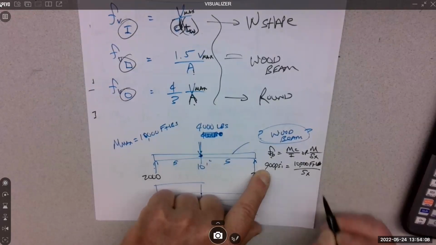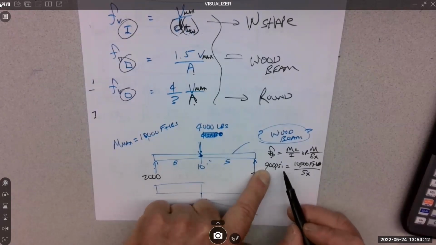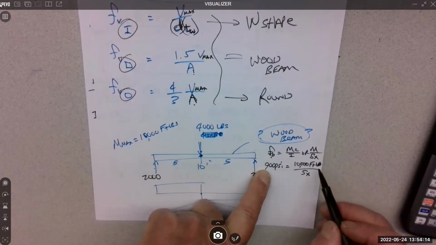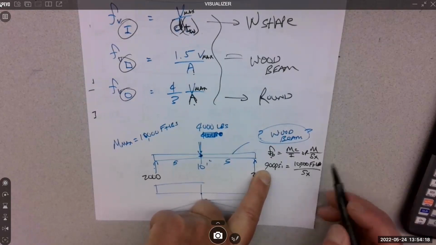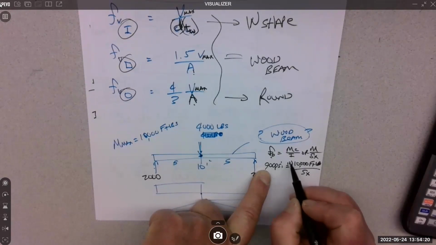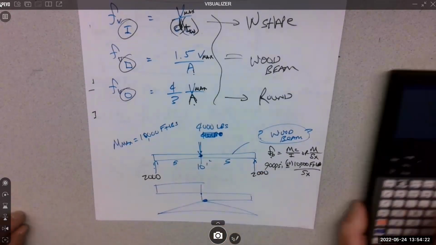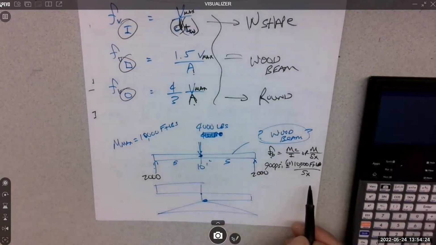And I don't know the SX. I have per square inch over here, I have feet here, so I need to convert that foot to inches. That's a factor of 12. Now I can calculate my SX, and that's how we'll choose the beam.